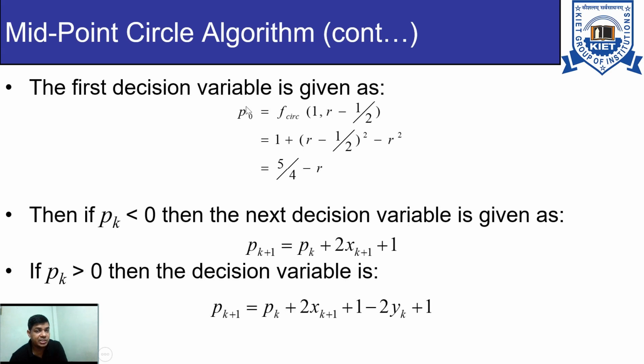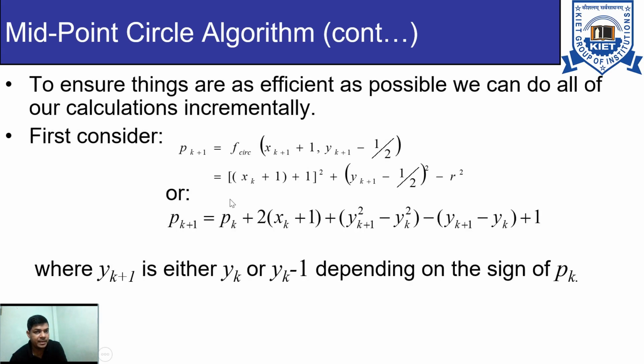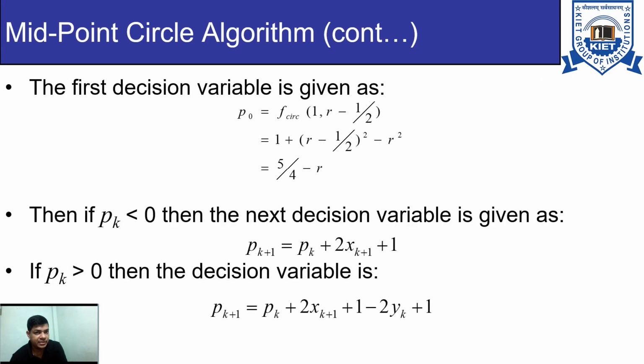Now as we know, the initial pixel parameter is at k equal to 0. If you substitute the value of k as 0 here, you can see it will be 1 plus r minus half square minus r square, and we will get 5 upon 4 minus r.